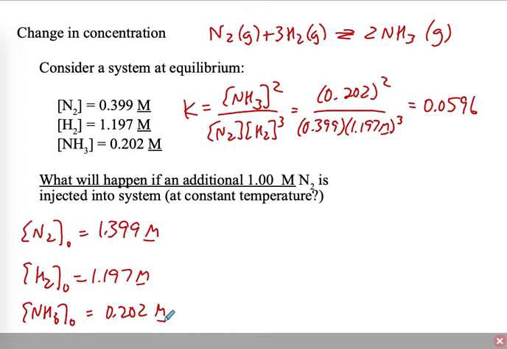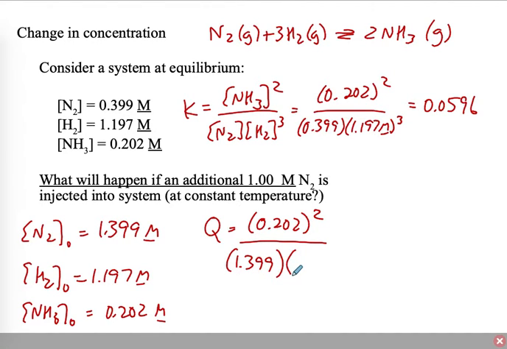Well, we dealt with this in an earlier video. If you have a set of initial concentrations and you don't know whether they correspond to an equilibrium position, and more importantly, in which direction the system must shift in order to reestablish equilibrium, we're going to calculate the reaction quotient Q. So Q then will be the concentration of ammonia, pardon me, that should be squared, not cubed, divided by the concentration of nitrogen times the concentration of hydrogen cubed.